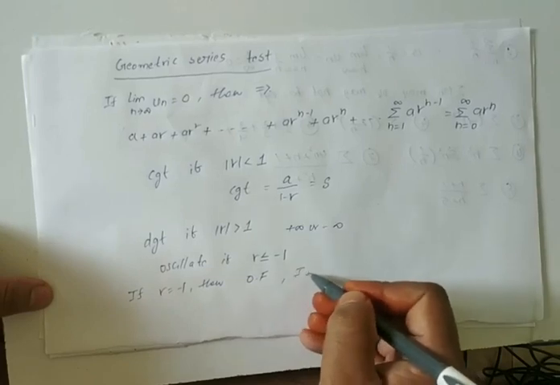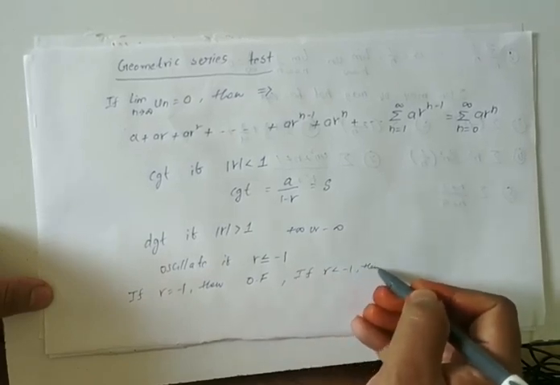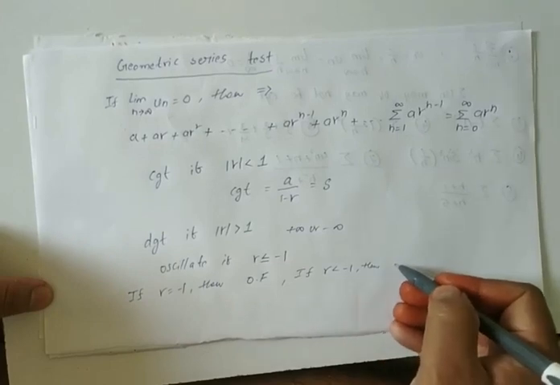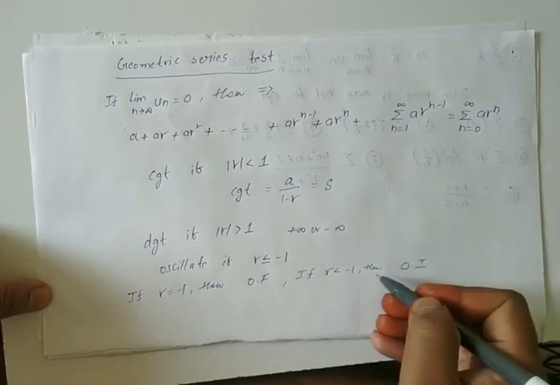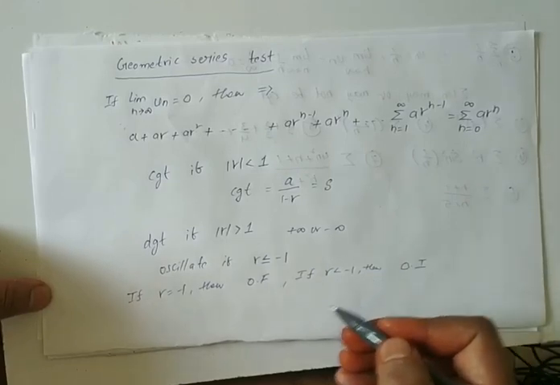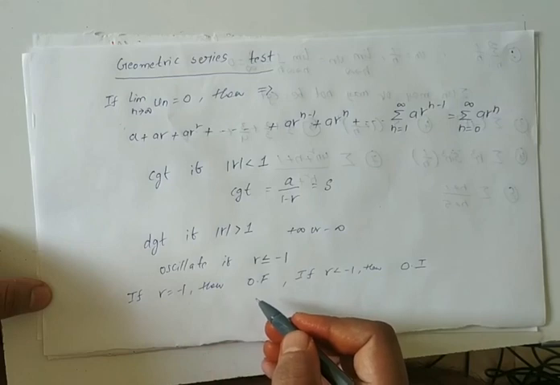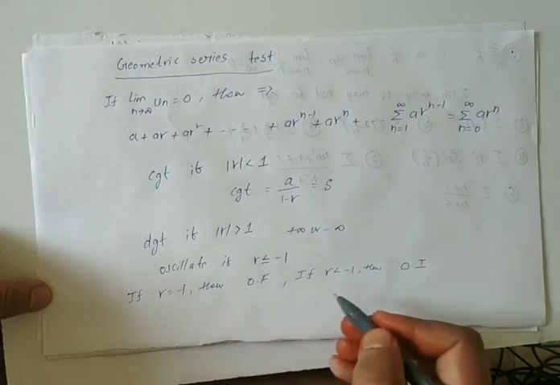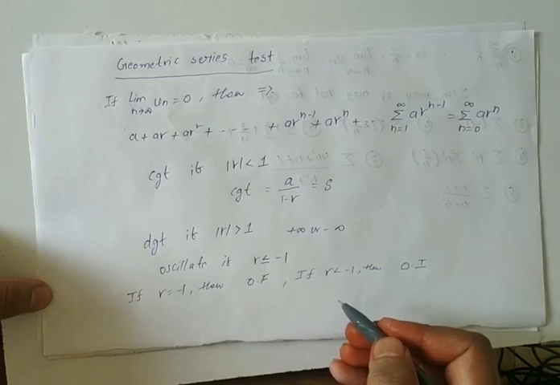Similarly, if r is less than minus 1, then only we will say that the given geometric series is oscillating infinitely. So the geometric series is oscillating finitely if r is equal to minus 1, and oscillating infinitely if r is less than minus 1.